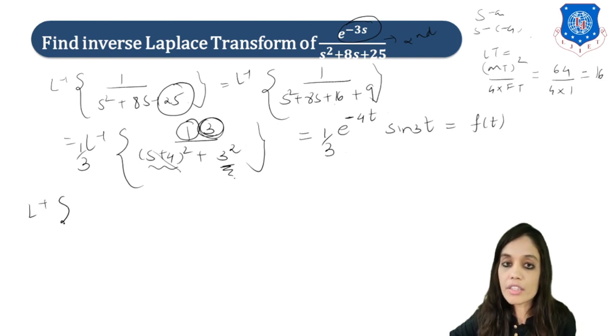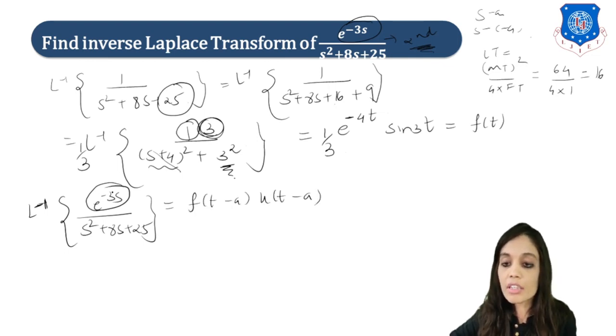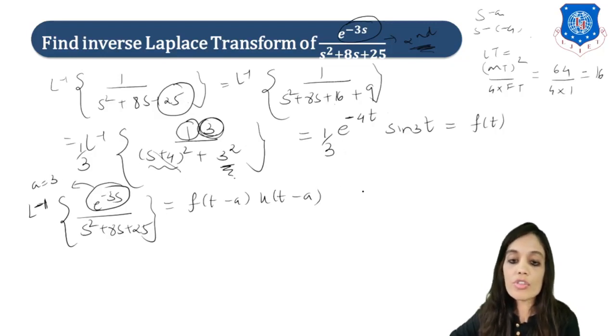Now let us bring this e raised to minus 3s. So e raised to minus 3s upon s square plus 8s plus 25. So whenever we have e in Laplace inverse, we have to apply second shifting theorem, and the formula is f of (t minus a) u(t minus a), right? But here the value of a from this is what? 3, right? So answer will be f of (t minus 3) u(t minus 3), fine.